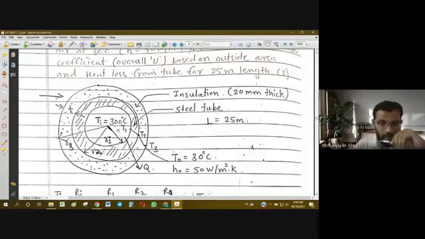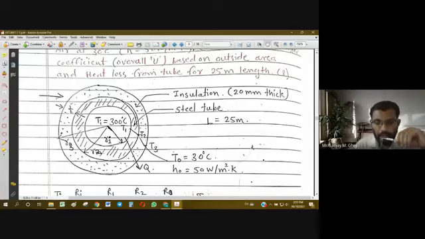So how will heat transfer occur? We are assuming it is a steady state. First there will be convection from the gas to the inner surface of the steel tube. This is by convection from Ti to T1. Then from the inner surface to the outer surface of the steel tube, it is by conduction through the steel.